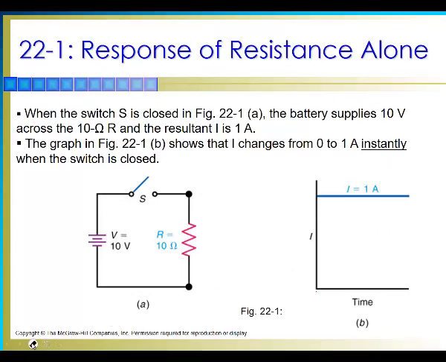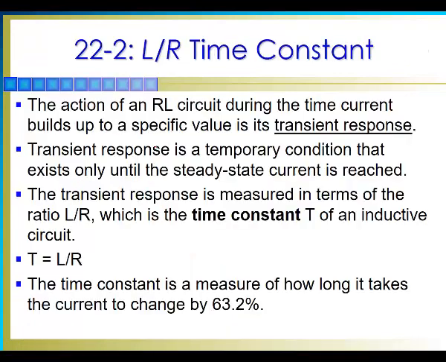Now let's talk about what happens when we have a circuit that has resistors and inductors in it. The action of an RL circuit during the time current builds up to a specific value is the transient response.